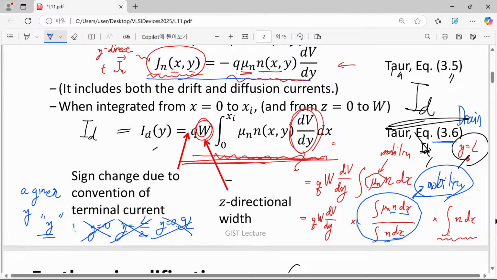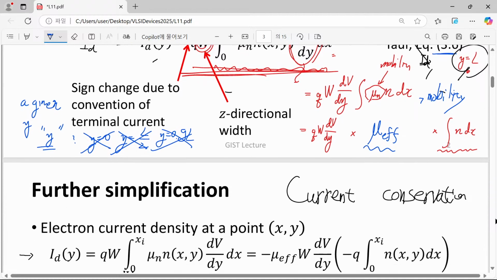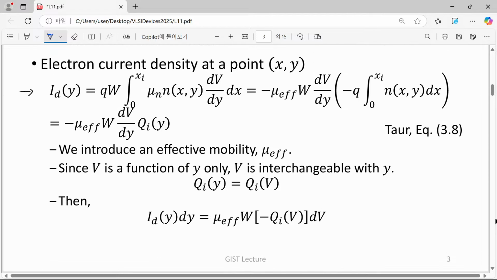Yes, previously mobility had severe position dependence. However, by performing this kind of calculation, now we say that this term can be expressed as a simple number called effective mobility. So now once we introduce this effective mobility, things become really simplified.